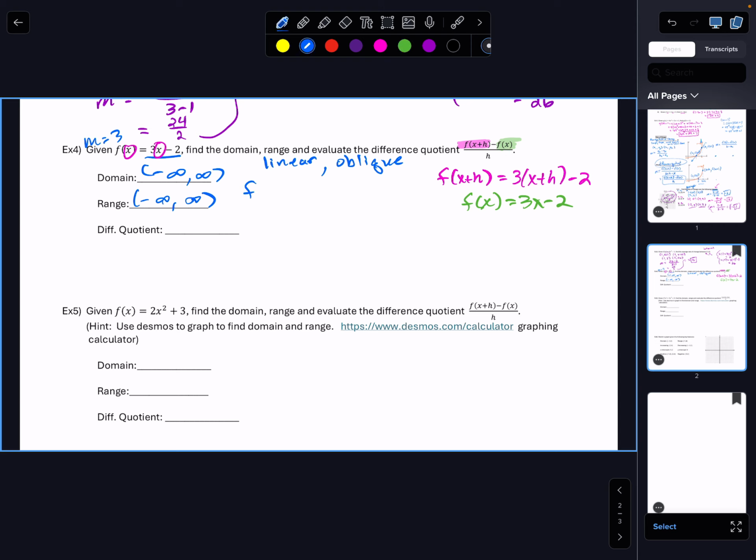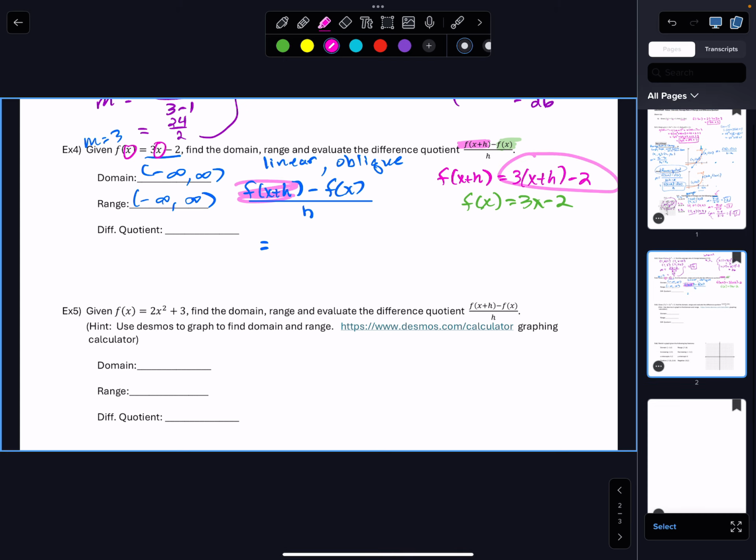So I'm going to calculate the difference quotient. And I need to start with that f of x plus h. What does that equal? All of this. So I'm going to plug that in to start the numerator.